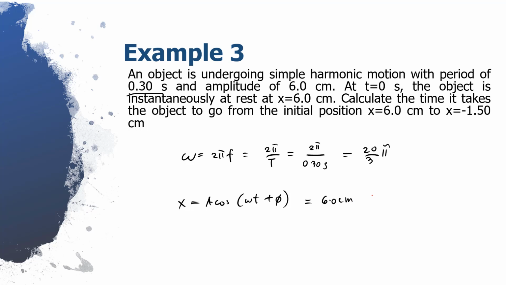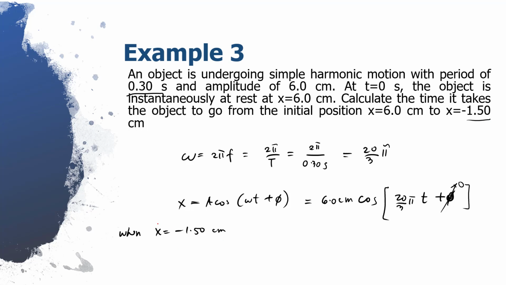So the displacement will be expressed as A cosine omega t plus phi, where A is 6.0 centimeters, cosine the omega is 20 over 3 pi times time t, plus the phi, the phase angle, is equal to 0. So, when x is equal to negative 1.50 centimeters, so this is your final position, we can solve for time t.